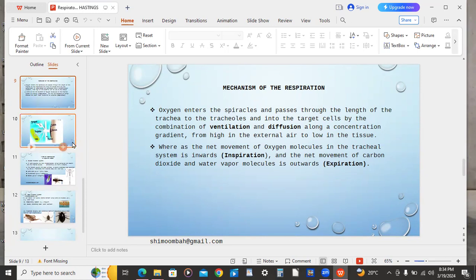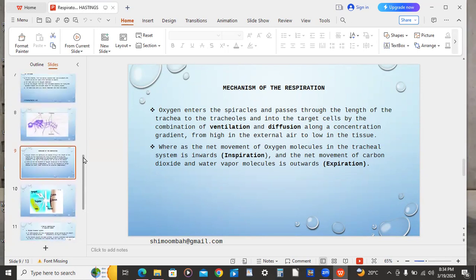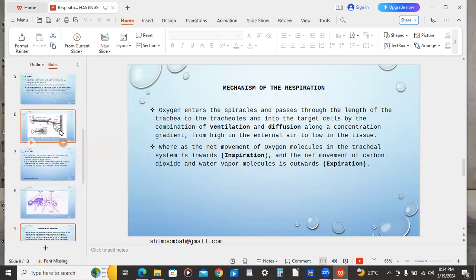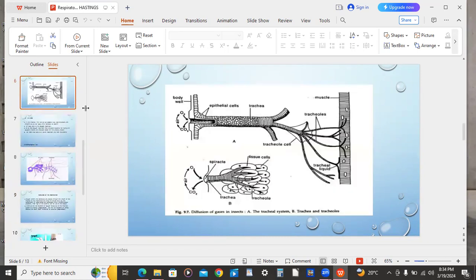Let me take you back to the diagram of the tracheal system just for a while. Yeah, this is the diagram for the tracheal system. Outside the body of an insect, there is a high concentration of air as compared to the cells or the tissues inside the body of an insect.